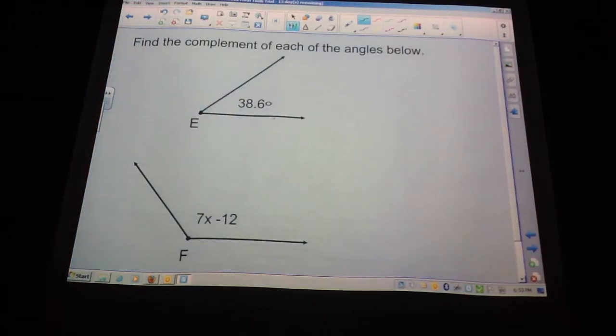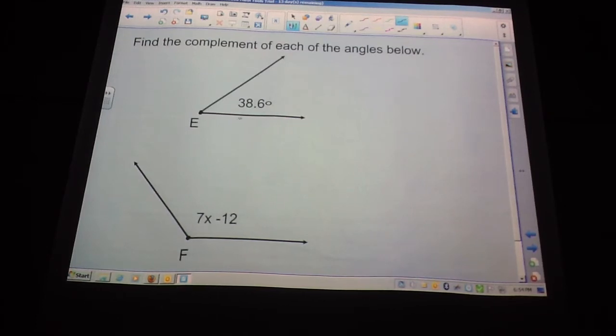So now we have a couple of quick examples. It says find the complement of each of the angles below. We know that the complement of angle E, if we added it to angle E, would equal 90 degrees.